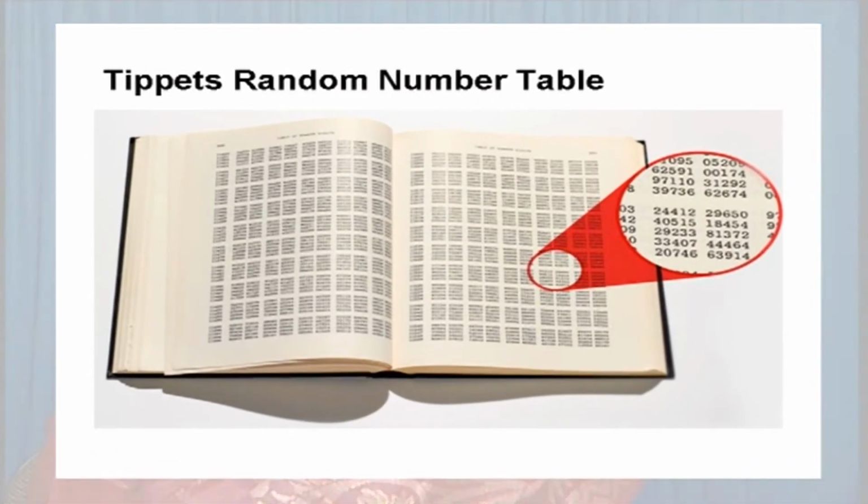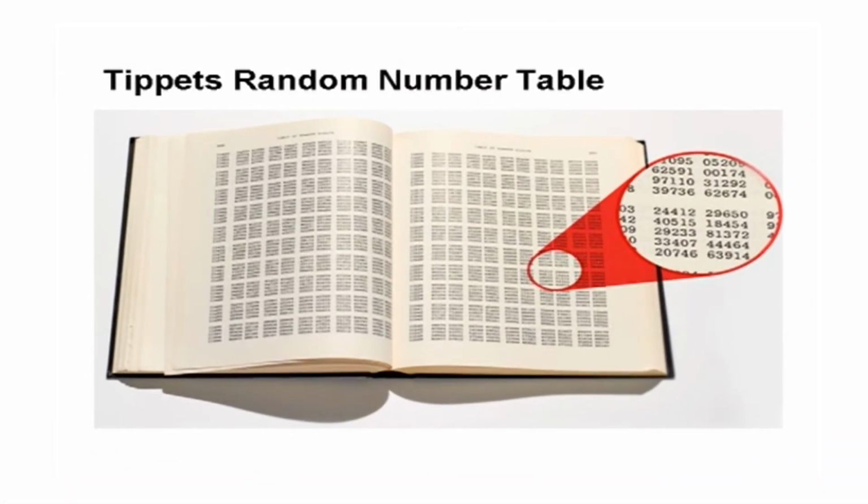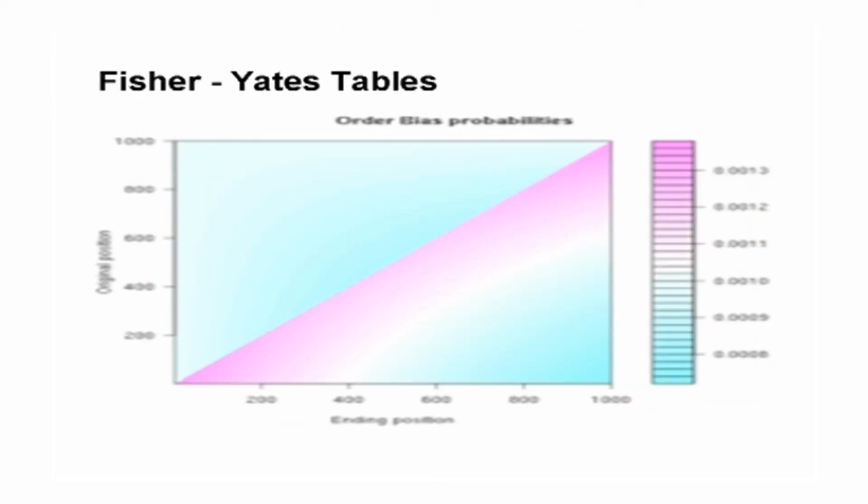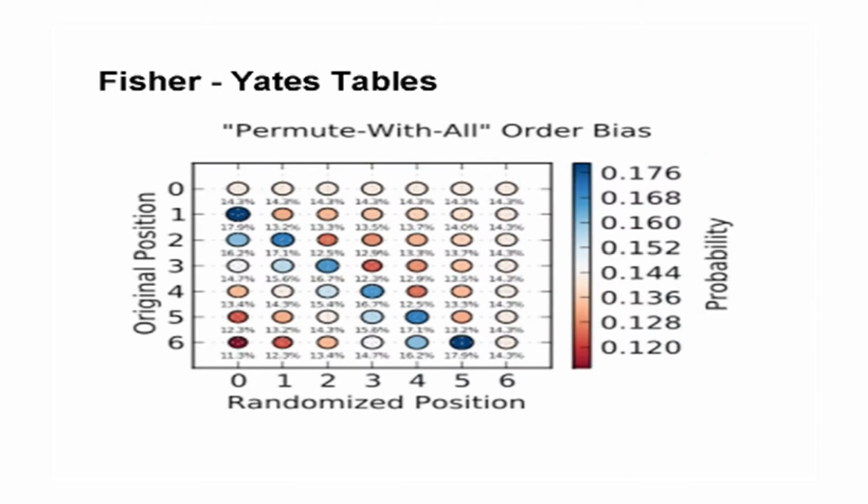What are random number tables? Random number tables like Tippett's random number table, Fisher and Yates' tables and Kendall's tables are readily available. They are available in statistics and research methods books. These numbers are statistically arrived at numbers.